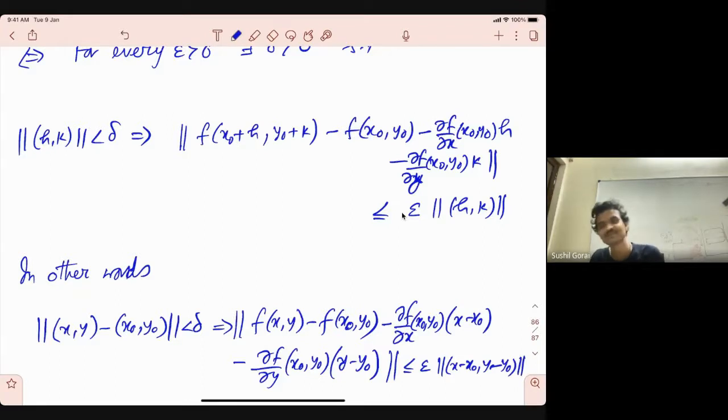Is this fine? See, the same thing. Just we now know what the lambda is, and we have replaced h to be x minus x0 and k to be y minus y0. All right?